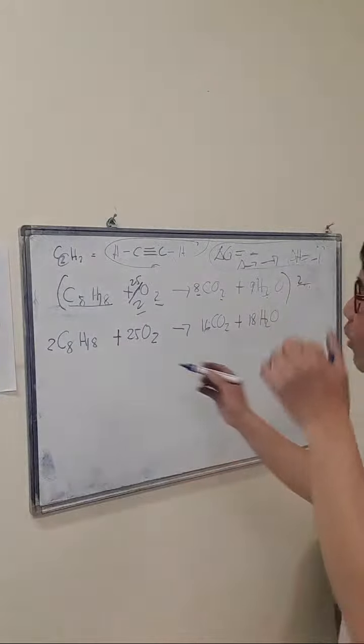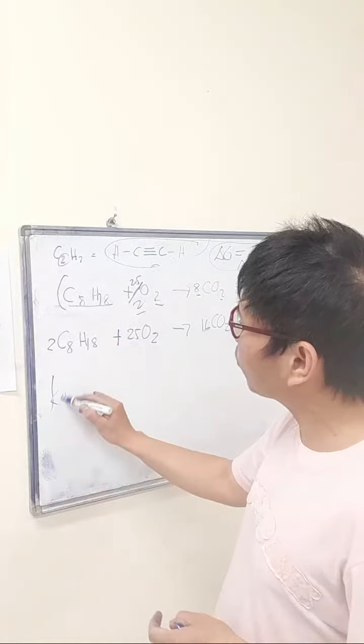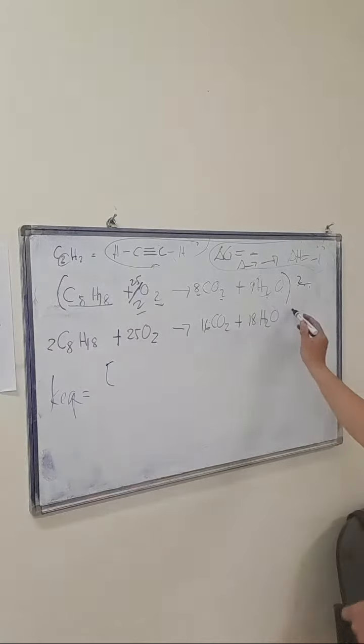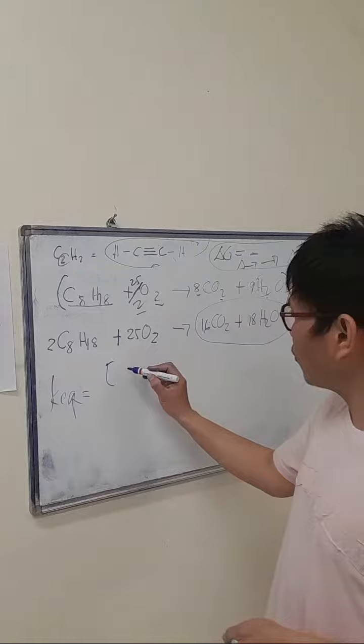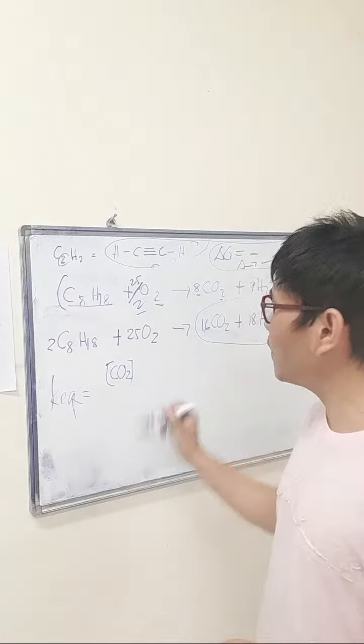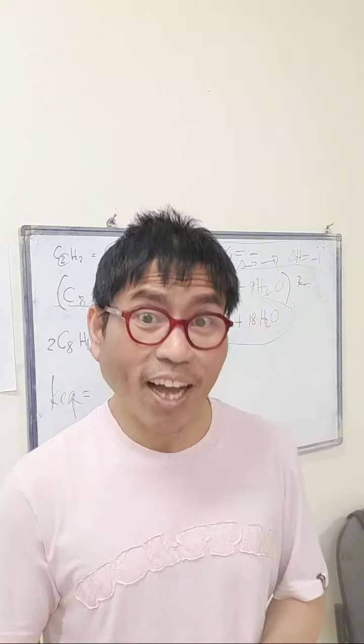So, our chemical equilibrium, if you derive it, is equal to the concentration of the products. The products are carbon dioxide and water. So, you will say, concentration of CO2, raised to the power 16. Nakakaloka.